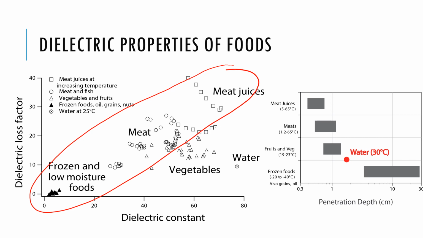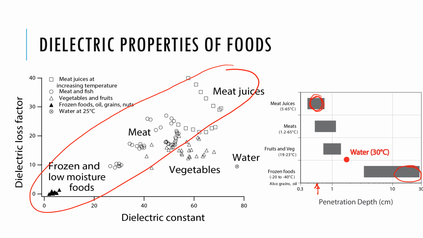So you can see, for example, meat juices, which would be like the soups and so on, have a much smaller penetration depth, like here half a centimeter, 5 millimeters, whereas frozen foods can have much larger penetration depth. So penetration depths also cover a huge range.